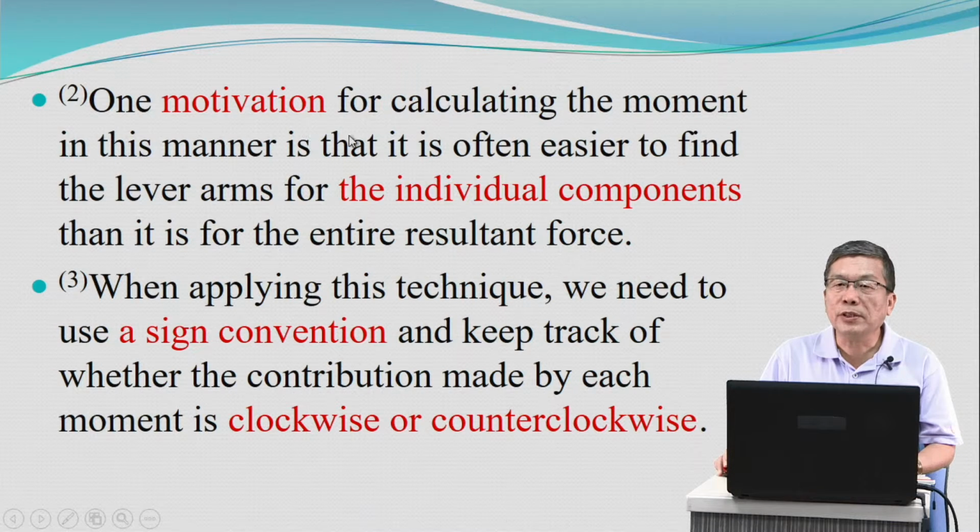One motivation for calculating the moment in this manner is that it is often easier to find the lever arms for individual components than it is for the entire resultant force.